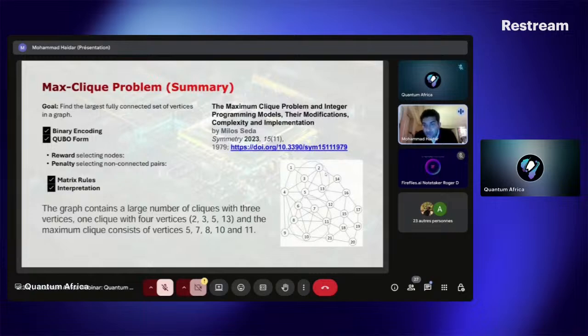Then here you have circles 2, 3, 5, and 13, and here 6, 7, 8, 11, 10. If you want to find the largest set of fully connected vertices, you can find this one, 6, 7, 11, 8, and 10, because it's the most fully connected with the others.